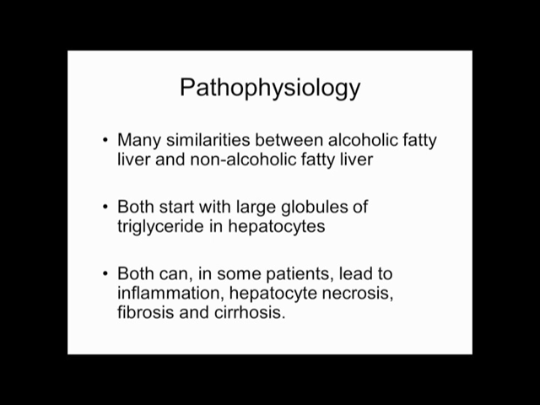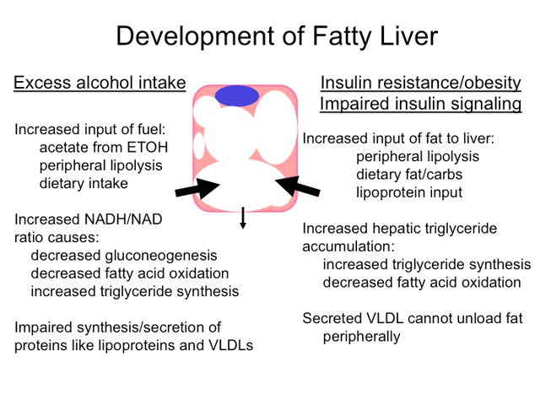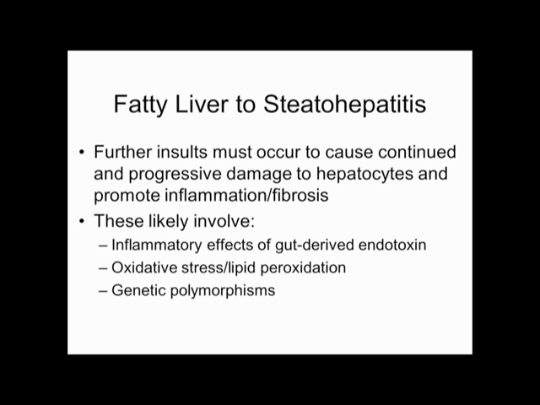We have non-alcoholic fatty liver disease. Development of the fatty liver is a little bit different depending on how the fat gets there, but the ultimate picture is very, very similar. And something else happens in some of these patients to trigger that inflammation fibrosis pathway, and we haven't figured out what that is yet. Lots of suggestions. Oxidative stress is always a popular one.